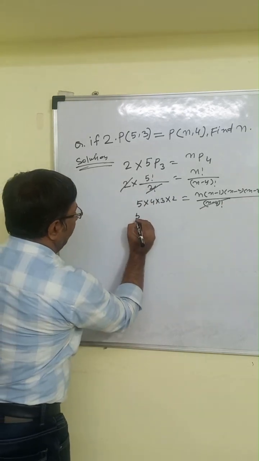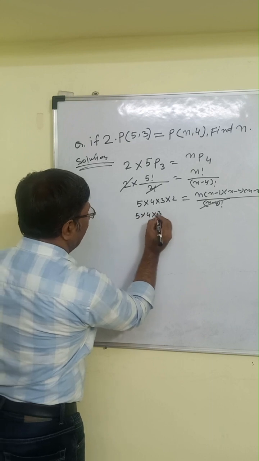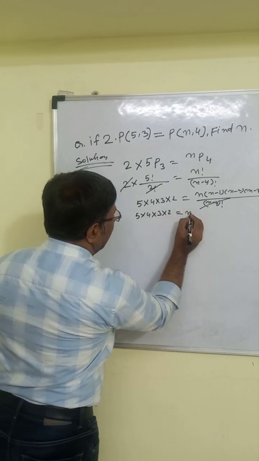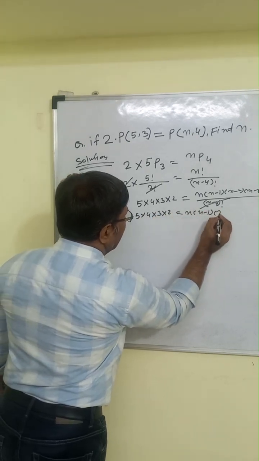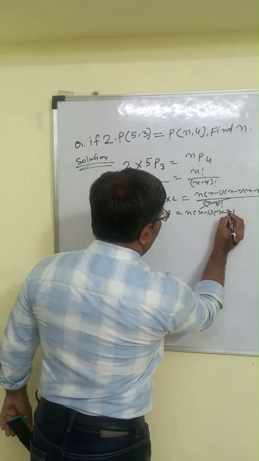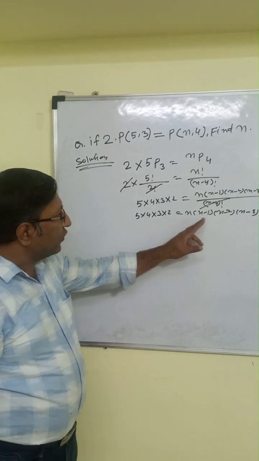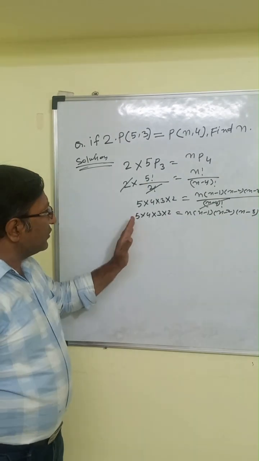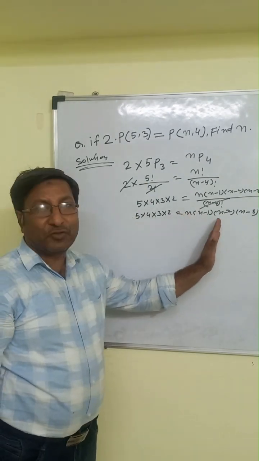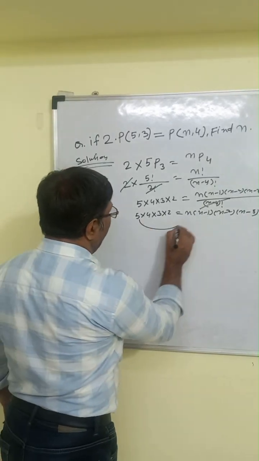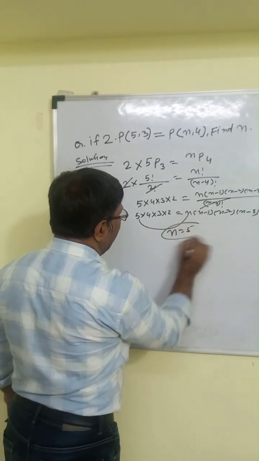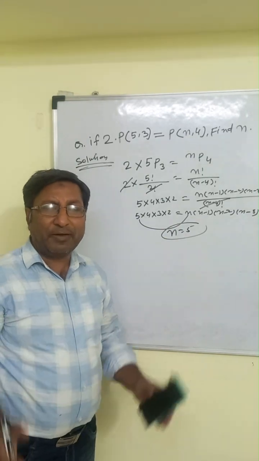So we will get 5 into 4 into 3 into 2. And this is n into n minus 1, n minus 2 and n minus 3. So here 4 terms, here also 4 terms. So difference of 1 and here also difference of 1. So first number will be first. So our correct answer is what? n equal to 5 is our right answer.